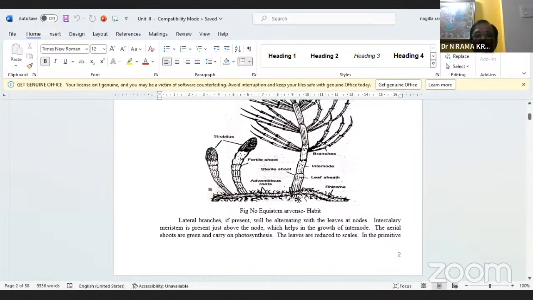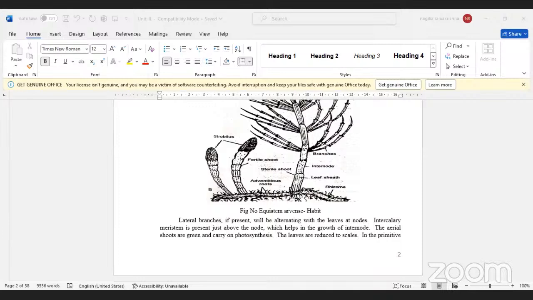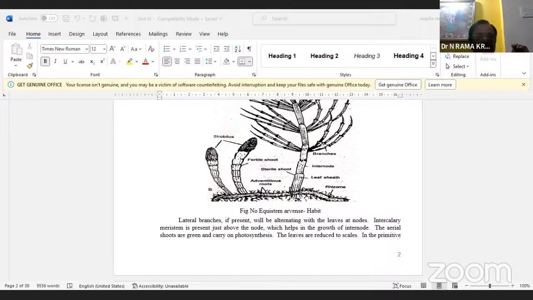Here you see the roots. There are two types of stems: one is the aerial branches, and the second one is the rhizome. So there are two types of stems, the rhizome and the aerial stems.